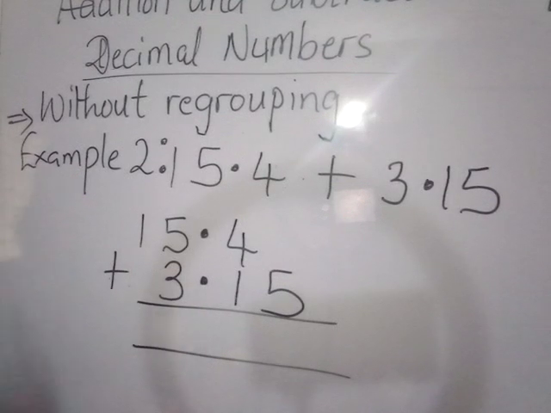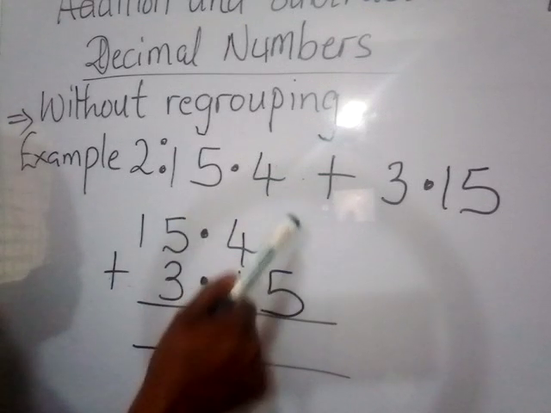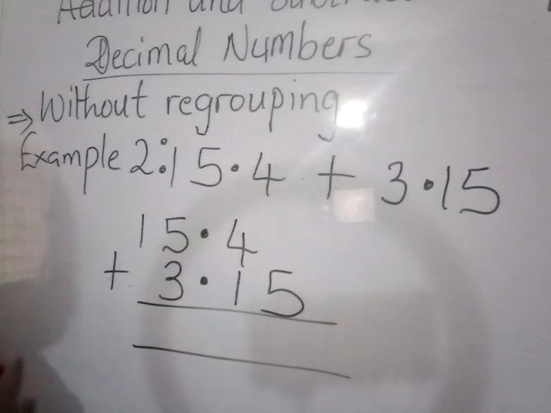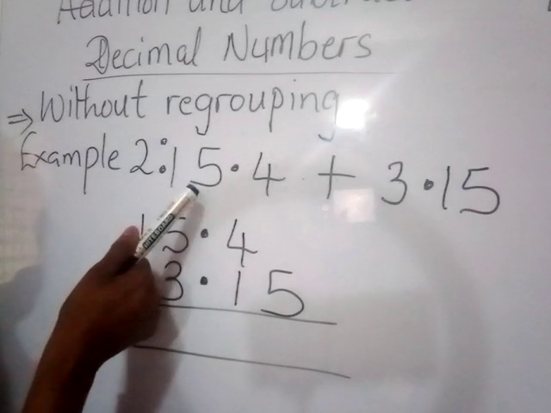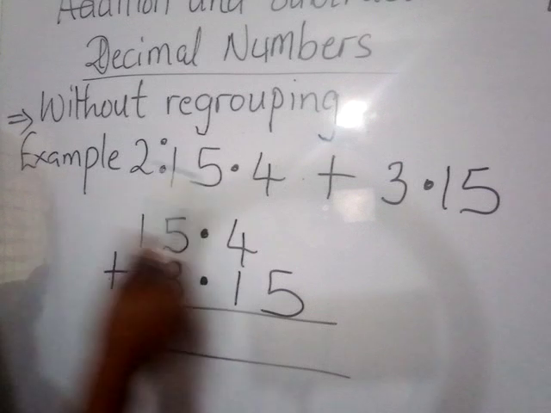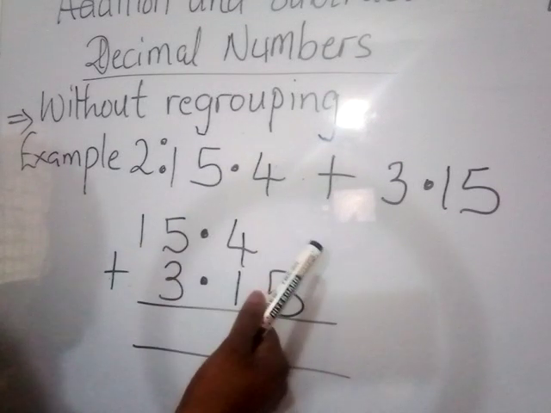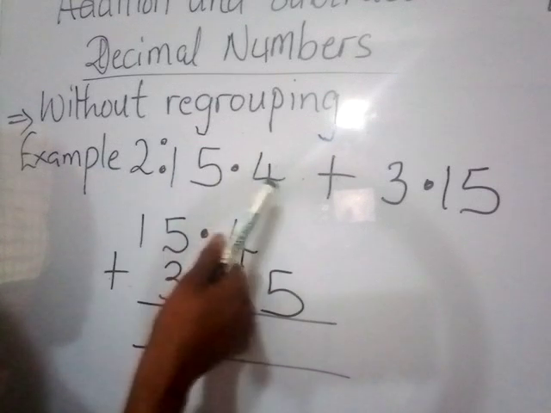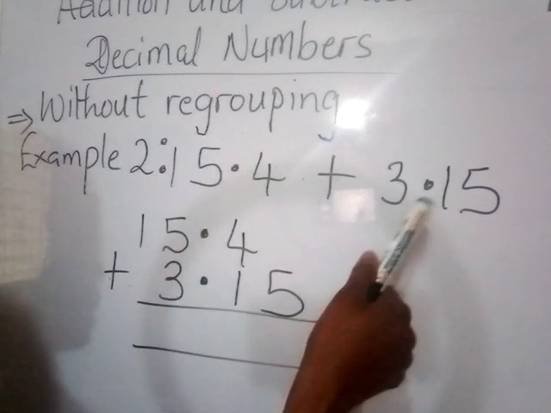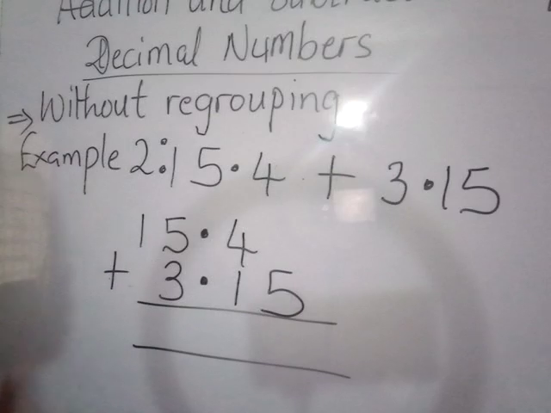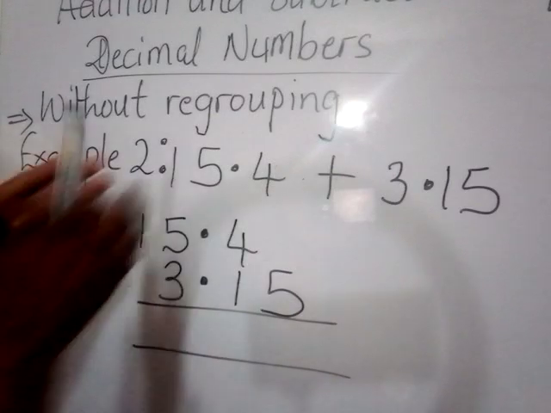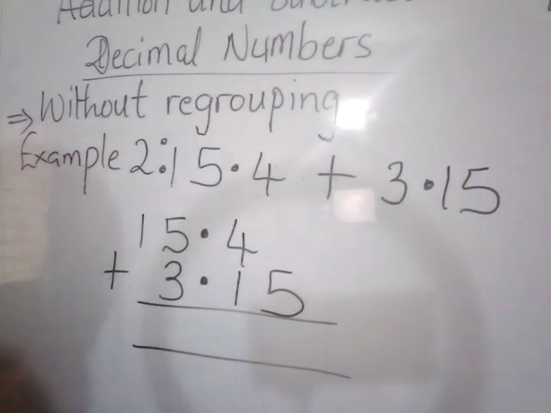Okay, so here is the last example we're going to consider in this group without regrouping. But this is a peculiar example, and I'll tell you why. If you look at the numbers, unlike the first two examples we took, where we had the same number of digits to the left and to the right of the decimal point, two digits each on both sides, the points would just automatically align.